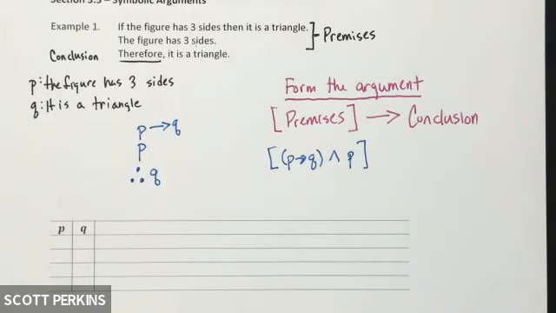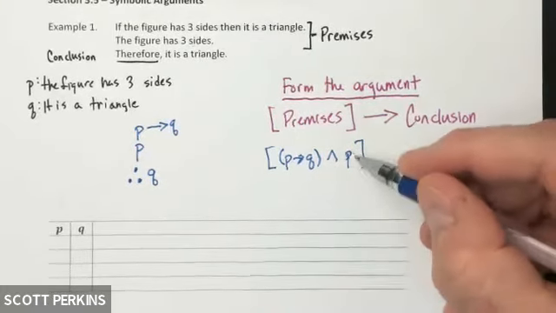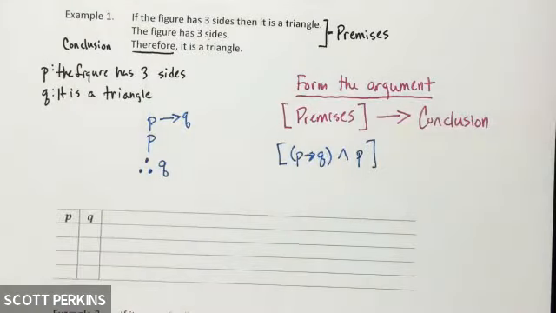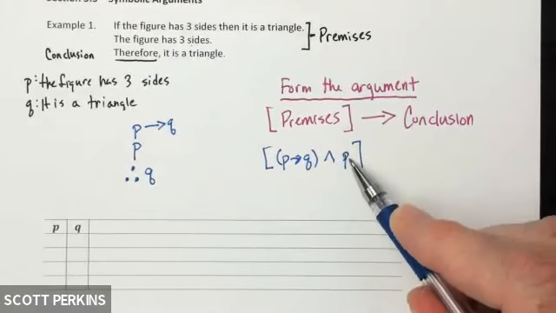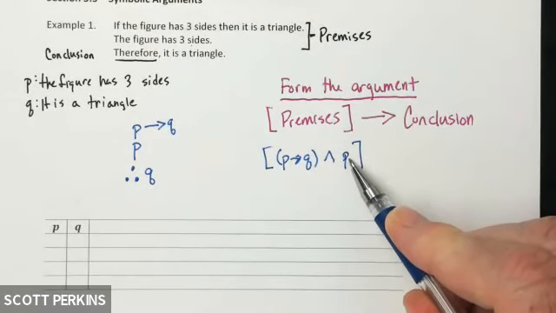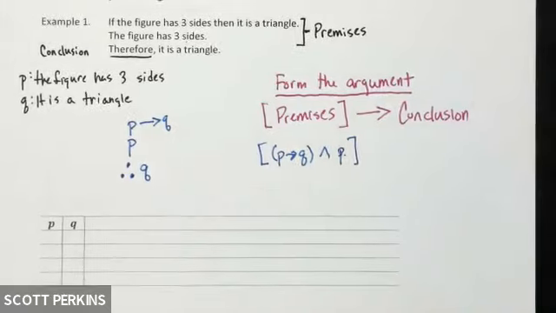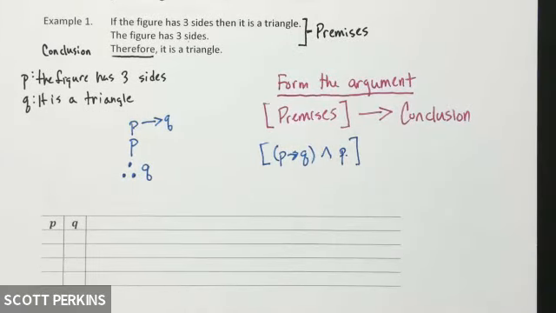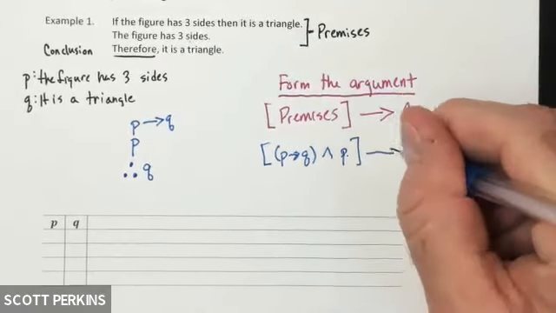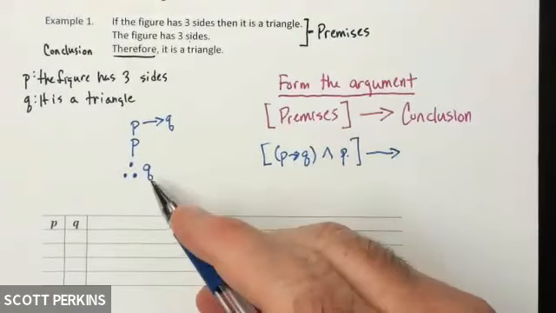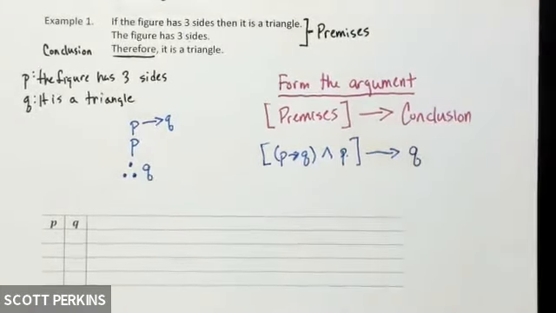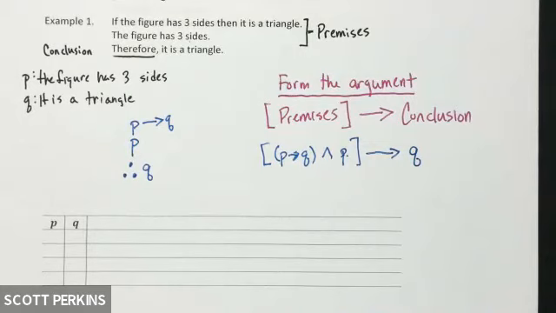If you had three premises, I don't think that occurs in our homework, but if you have three premises, then you would do and you would do the next one in parentheses. And the reason I didn't use parentheses around this P is because it's just one thing. Okay, so it's not anything bigger. Great question. And then my arrow, and then my conclusion. My conclusion is Q. That's my argument. My argument is formed.